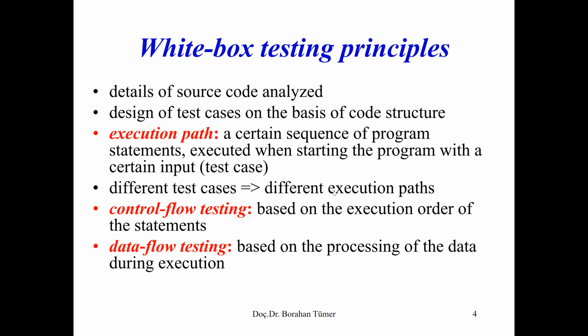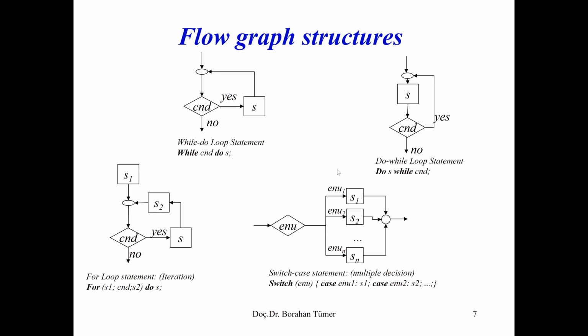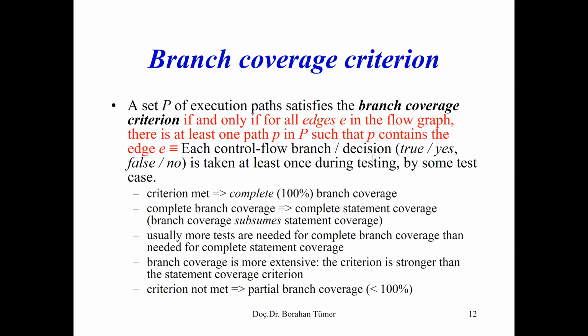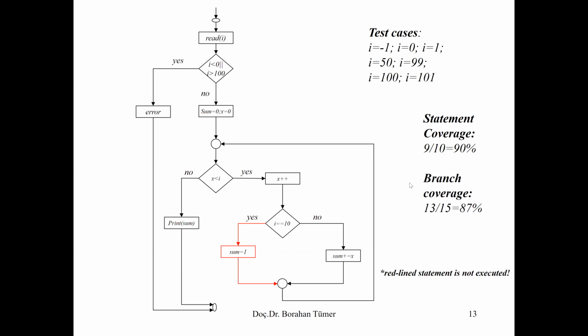But since we can see that in the code, in the white box testing, we also include it. Since we have these only, not I equal to 10, we have a problem.